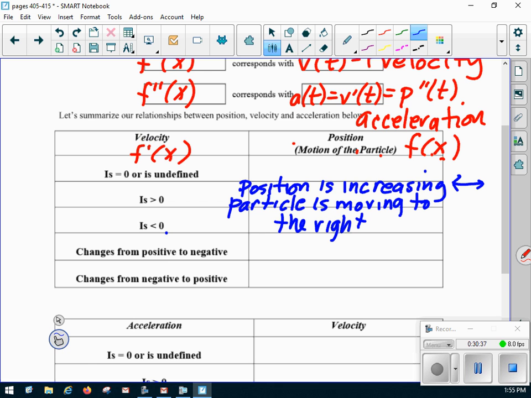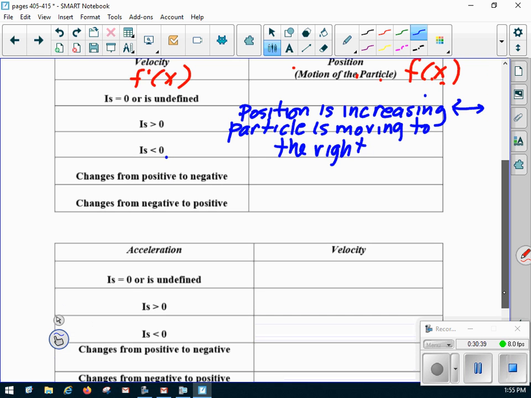Now, if the derivative changes from positive to negative, what does that tell you about a function? If a derivative changes from positive to negative, then the function changed from increasing to decreasing, right? So, what do you think this tells us? The particle changes from moving right to moving left.